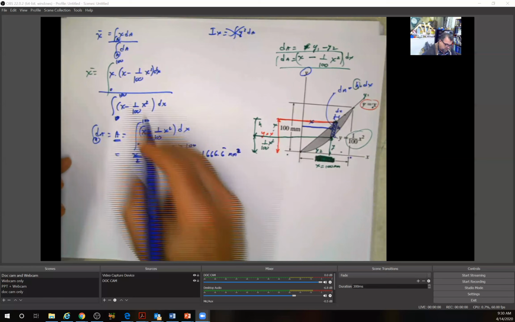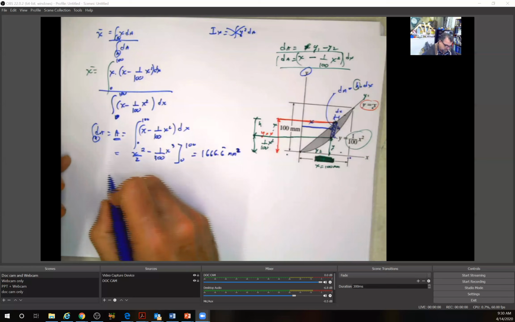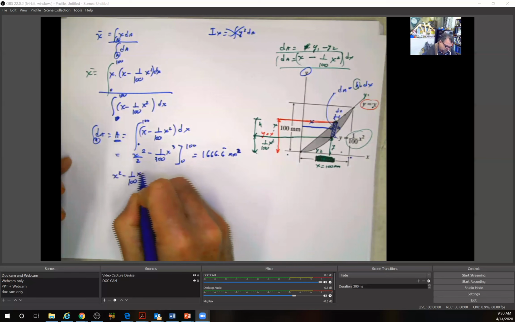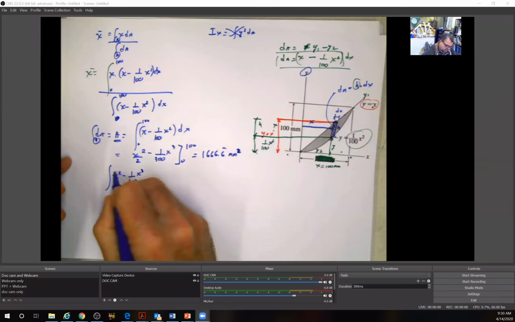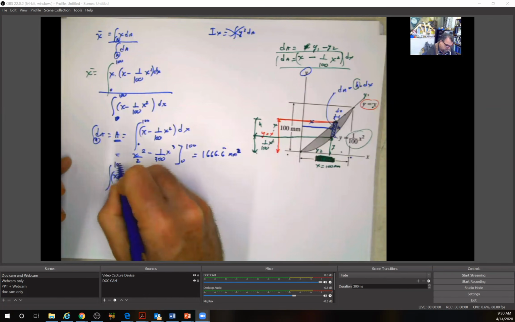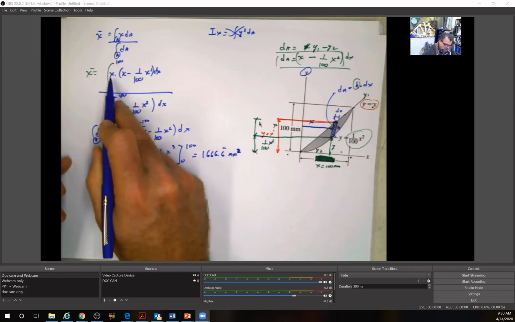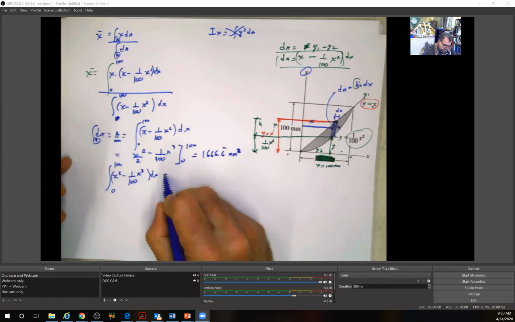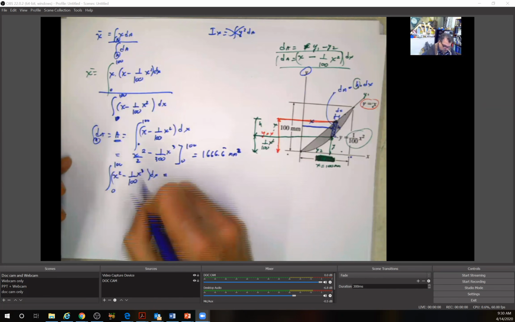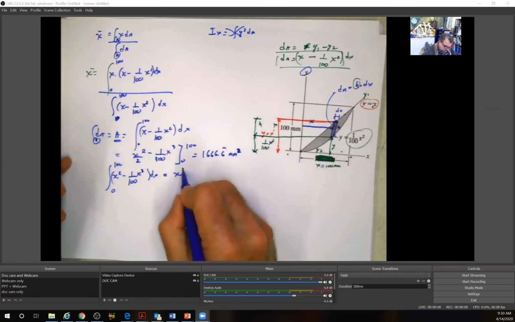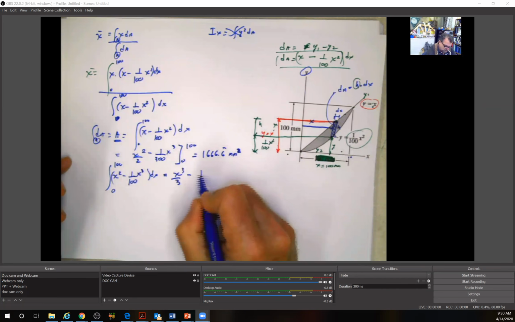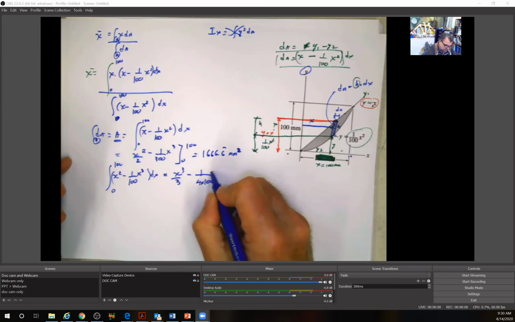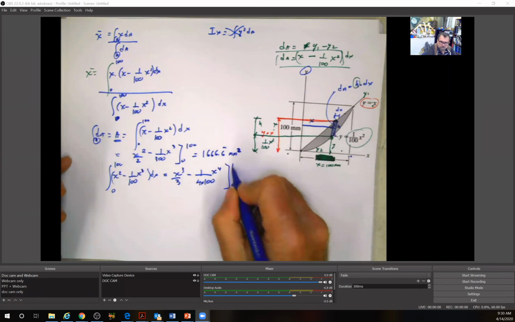Now, the top part of the integral is going to be x squared minus 1 divided by 100 x to the third, integrated from 0 to 100. I'm just multiplying x times x squared, and this is x to the third divided by 3. Then we do the integration of this, so this is x to the third divided by 3 minus 1 divided by 4 times 100, x to the fourth, between 0 and 100.